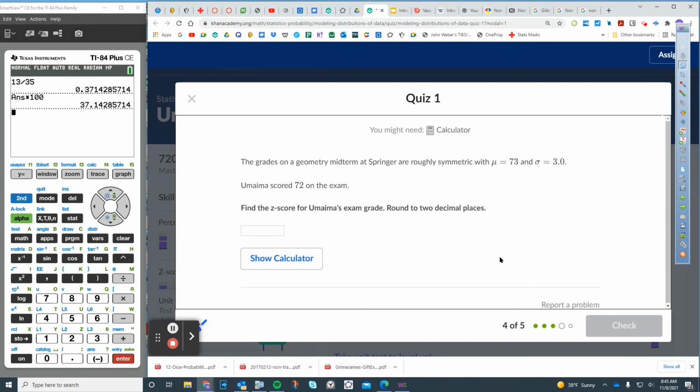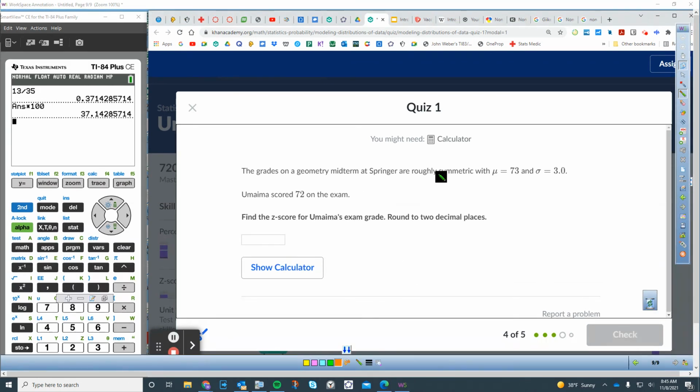Okay, the grades on a geometry midterm at Springer are roughly symmetric with a mean of 73 and a standard deviation of 3. Now, I need to tell you that when they say something like this, when it's symmetric, so if you look at this, it is slightly symmetric. How would you put the mean? The mean is 73, right? And the standard deviation.